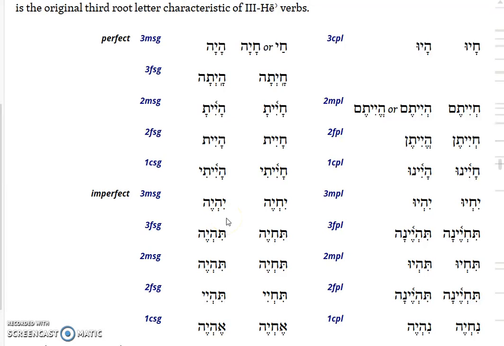And in an earlier stage of Hebrew, it probably was too, which is where this form comes from. If you end up with a hataf patah under the hey, then you end up with something like Yahweh, if you had hawa as your form, and it would mean "he is" or "he will be."